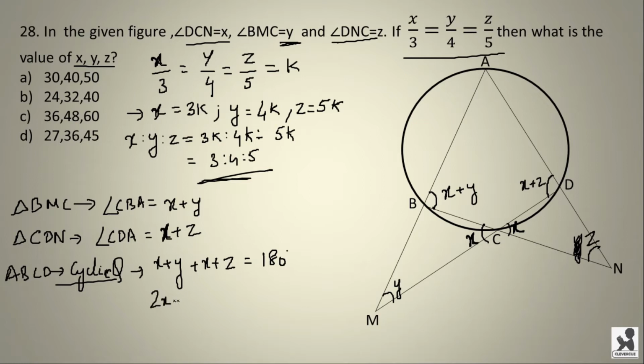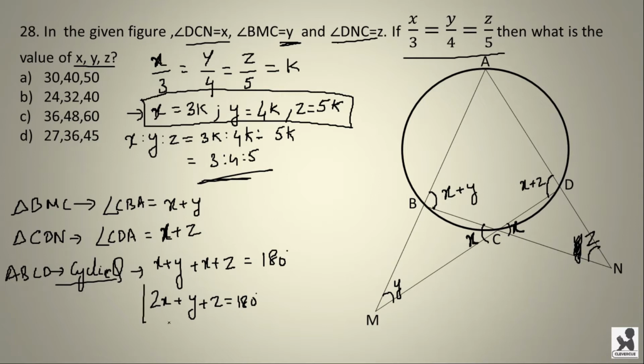From here we get 2x plus y plus z as 180 degrees. Now if we substitute the values of x, y and z in this equation, we get 6k plus 4k plus 5k equal to 180 degrees. So 180 degrees is equal to 15k.